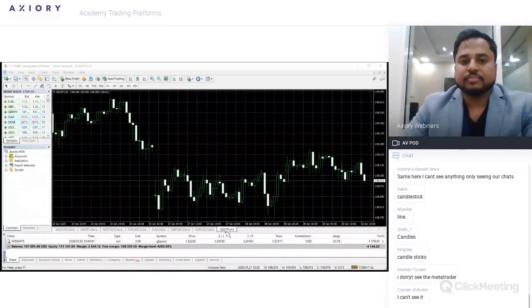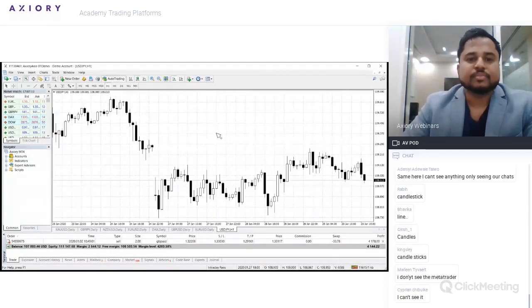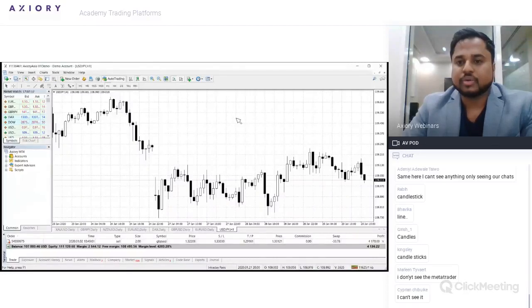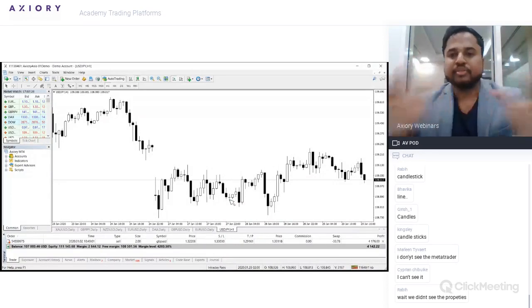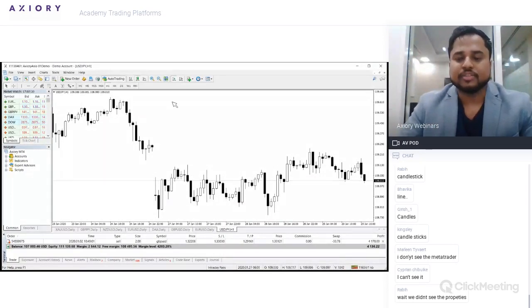You can select a color scheme. I usually prefer black on white. If you want to remove this grid, the square boxes, click here and go again, Control G, or show grid. Now we can see a very plain and beautiful chart with no indicators, nothing.